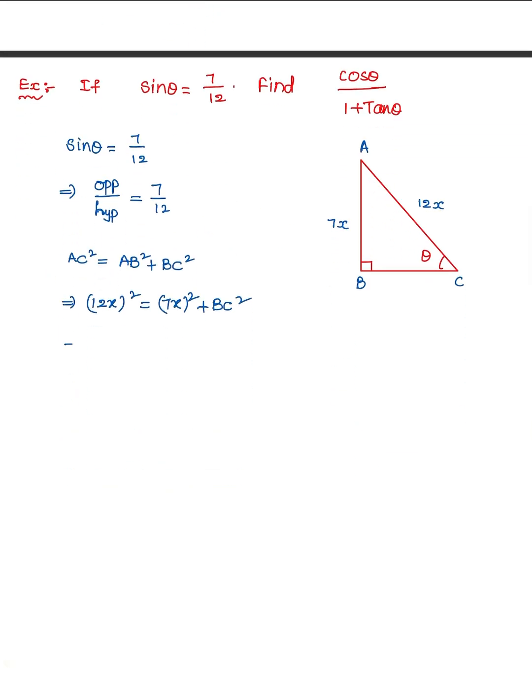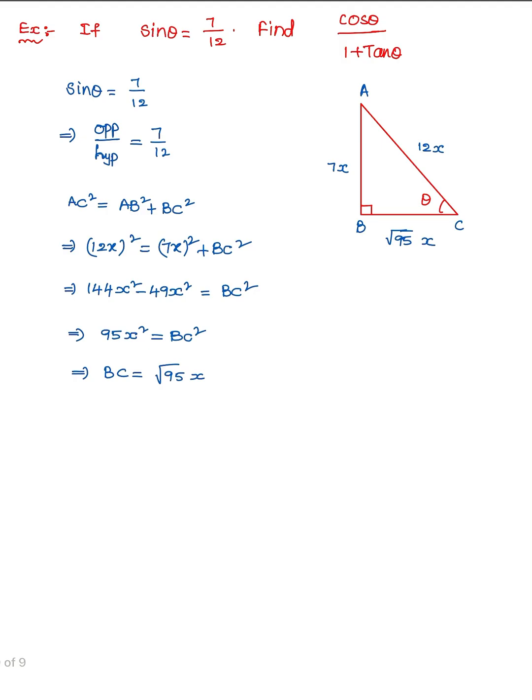That gives 144x square minus 49x square is equal to BC square. So 144 minus 49 is 95, so 95x square is equal to BC square. So BC is equal to root of 95x. This is the value.